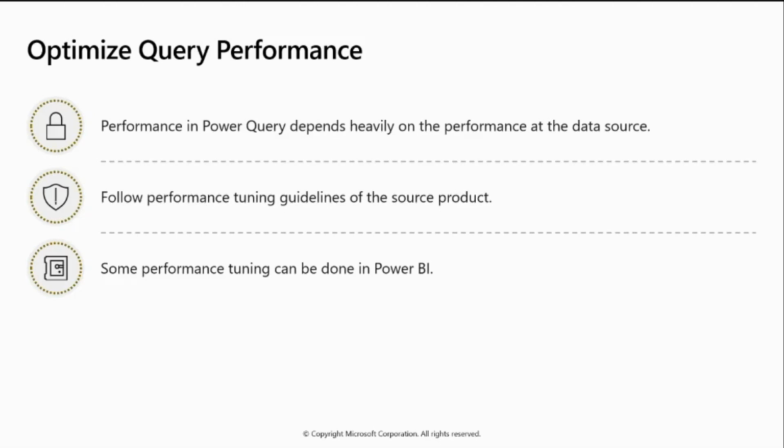There is a wide variety of data sources that Power Query offers, and they are very wide data sources which are already being used. So the variety of data sources that Power Query offers is very wide, and the performance tuning techniques for each source are equally wide.